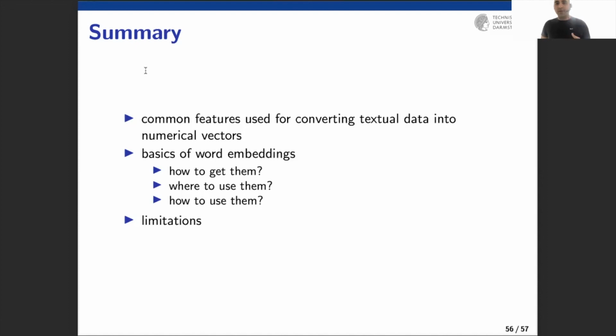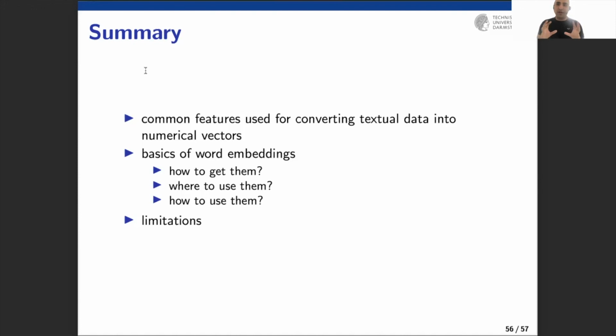We also discussed how to use word embeddings to compute the prototype of a group of words, how to calculate the similarity between two words, how to solve word analogy tasks, and how to use them for short text similarities. And at the end, we discussed some practical hints on how to use word embeddings.